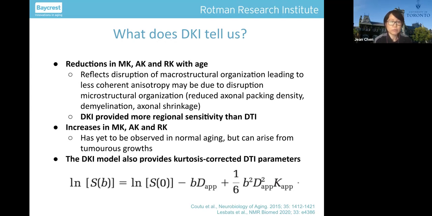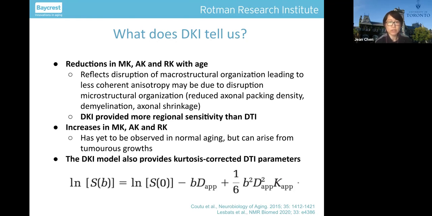And the previous study actually found DKI provided higher regional sensitivity to age than DTI did. But in some cases, in other types of pathologies, we can also see increases in kurtosis, which may mean the opposite of everything in the above, but it can also arise from increased partial voluming with new tissue types, for example, if there's a tumor growth.